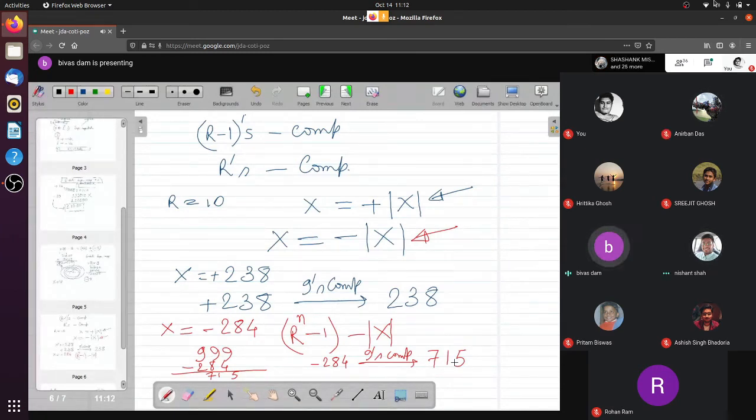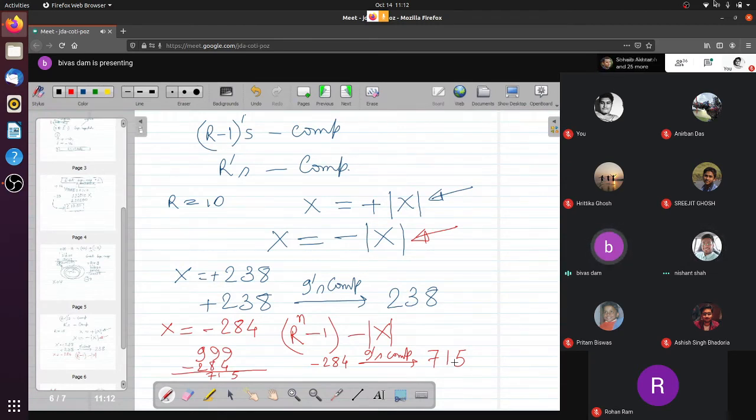But remember one thing: if the number is positive, absolutely there is no change or no transformation required. Whatever mod x was there, that will be your 9th complement. That will be your 10th complement. But in case the number is actually negative, I have to go for a transformation.